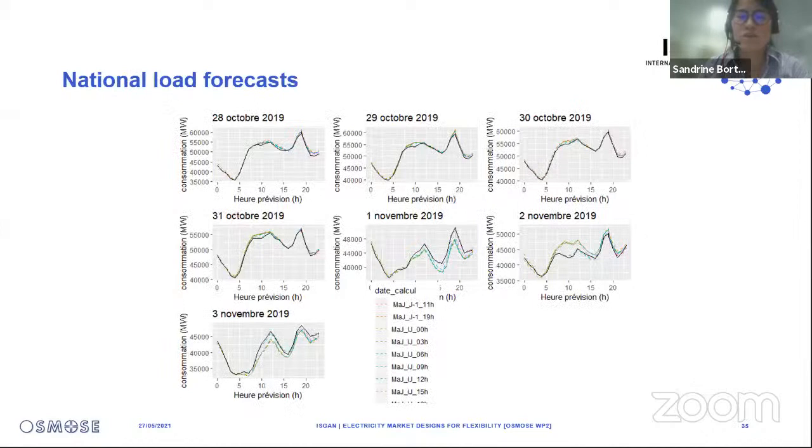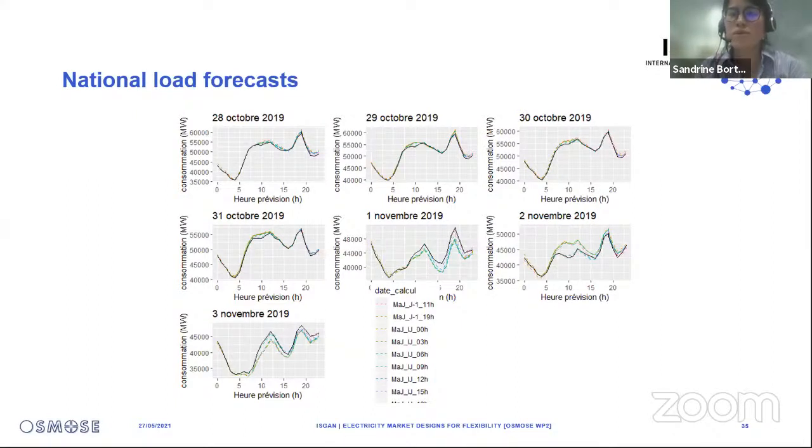So next, here I will show you some graphs about the data that we have, and each graph represents the forecast data for one given day. So the dark line is the realized consumption at the national level, and each dashed line represents the forecasted consumption at a given time.